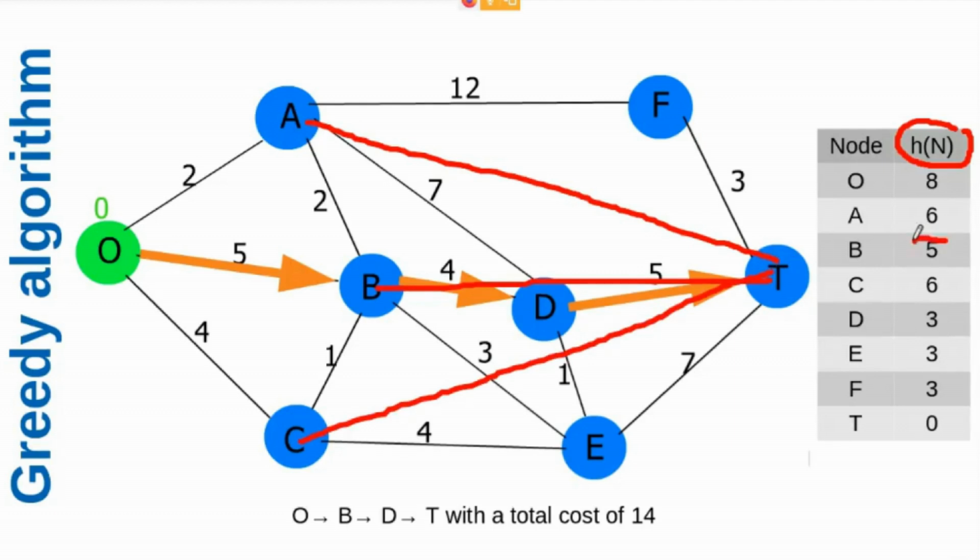As you can see in the list, the minimum value is 5. So that's why the next node in the list of waypoints to the target will be B.